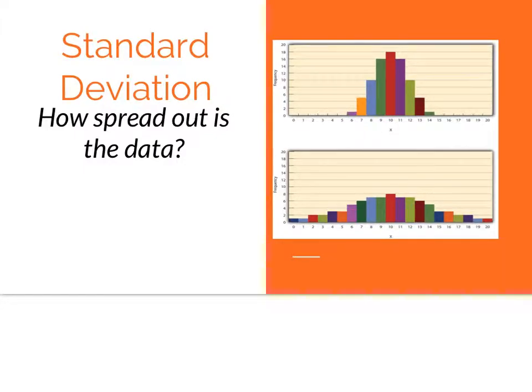Suppose that these are two different classes. We have Class A and we have Class B. We have two sections taking a very similar test. The same test. Now, as you might see, on the y-axis we have the number of students that received a particular grade, and on the x-axis we have the scores.